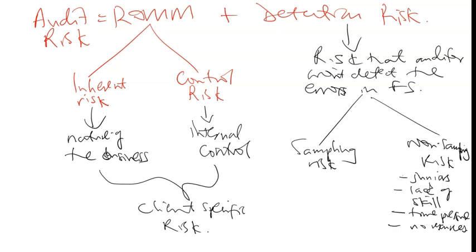It's either the client reported wrongly and the auditors did not see the error, then the audit risk was there. Okay? But when the client reported wrongly and the auditors detected it, then there was no audit risk.